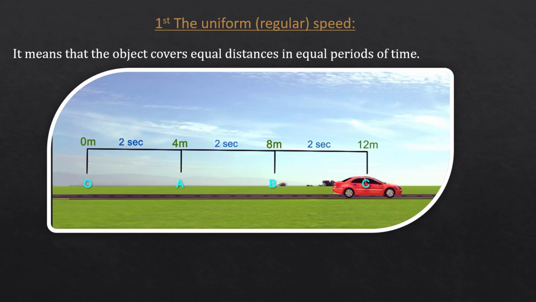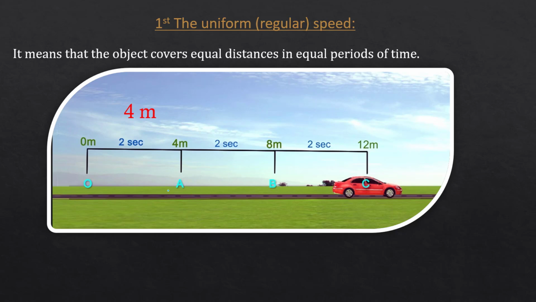Now let's measure the distance between each 2 points. First, between O and A. The car starts from 0 meters to 4 meters. So the distance will be 4 meters.